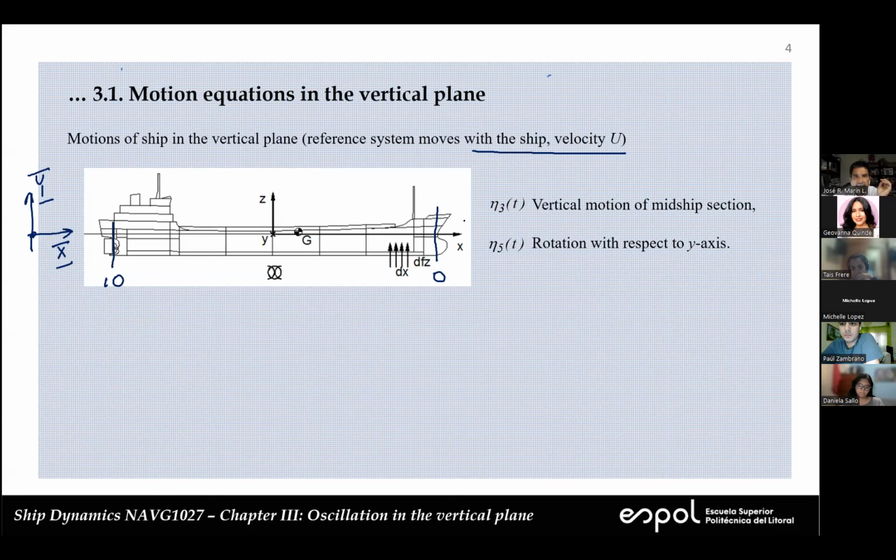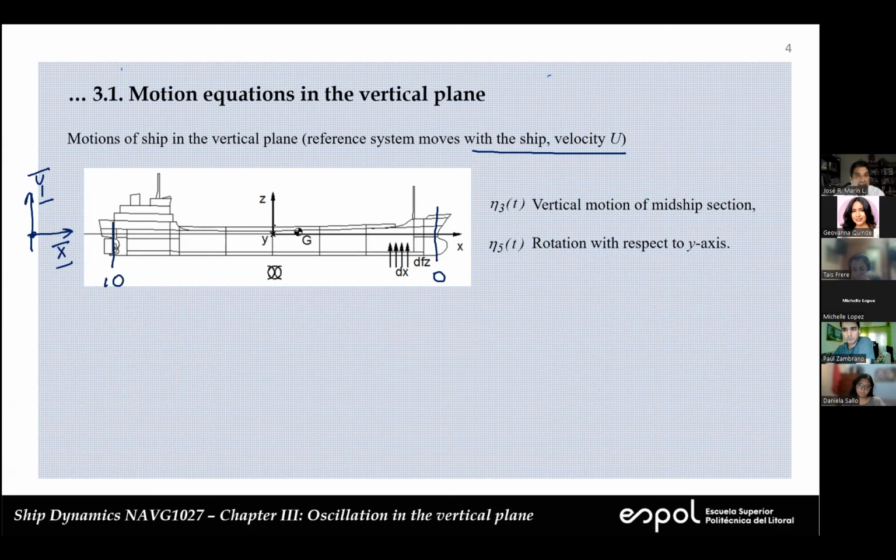The motions of the ship in the vertical plane are these: eta 3, and this is, as we said before, the vertical displacement of the midship section. And eta 5 is the rotation with respect to this axis.